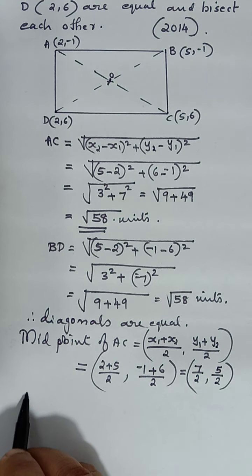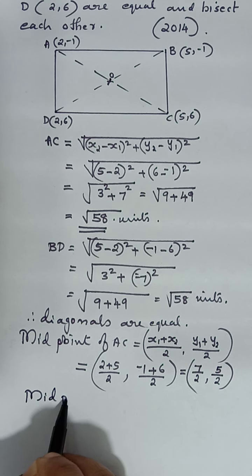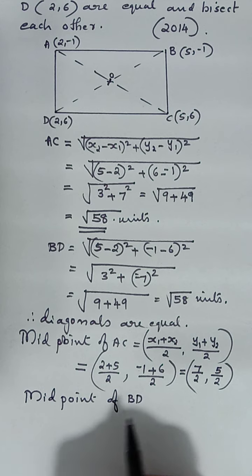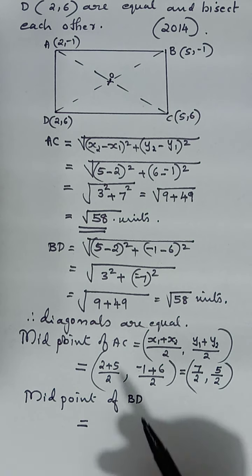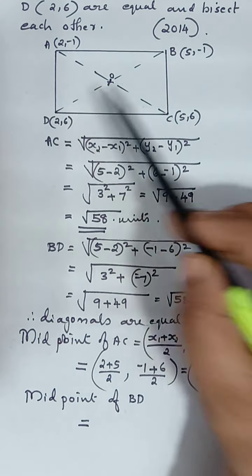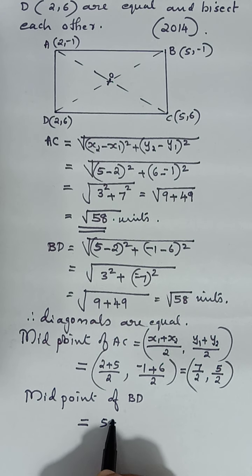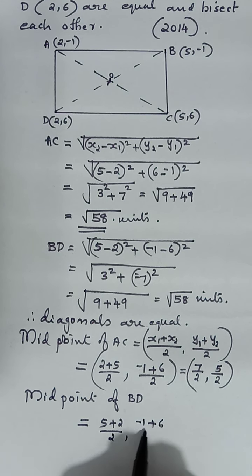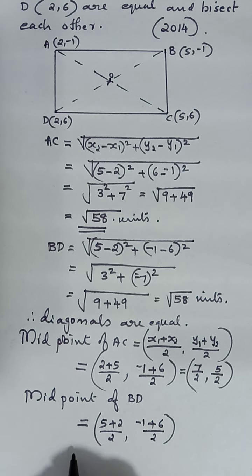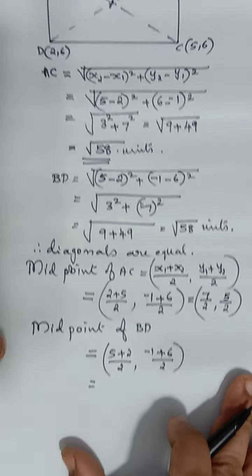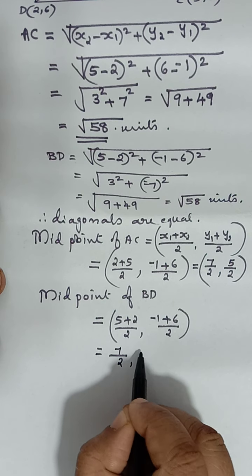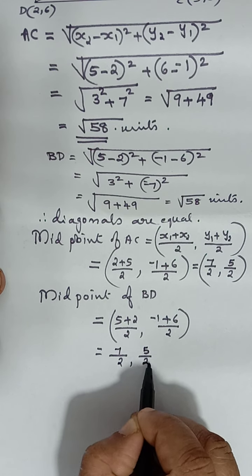Now let us find out the midpoint of BD. Same formula: B and D, 5 plus 2 by 2, negative 1 plus 6 by 2. That is equal to 7 by 2, 5 by 2.